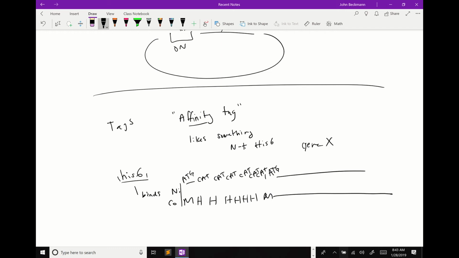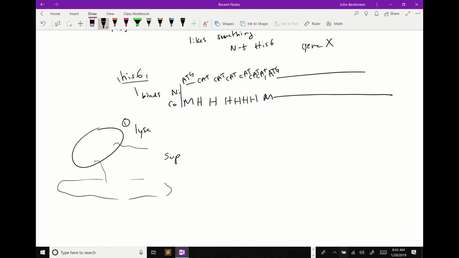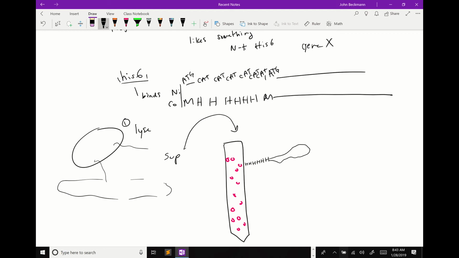So when your protein gets made in your bacteria, you can lyse the bacteria, which kills them, releasing your protein into the supernatant, and then you can run that supernatant over a column with nickel beads. And what's going to happen? The protein you want will stick to the beads because of the His tag, and everything else will wash away.